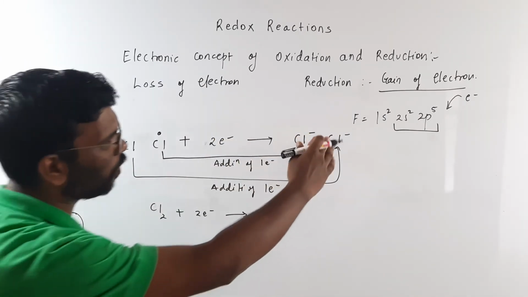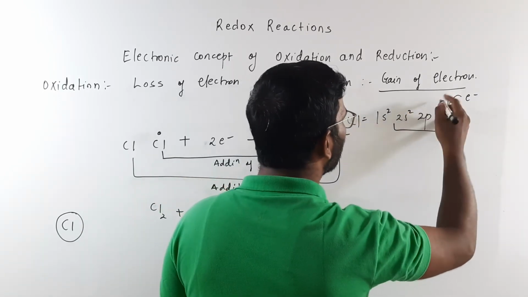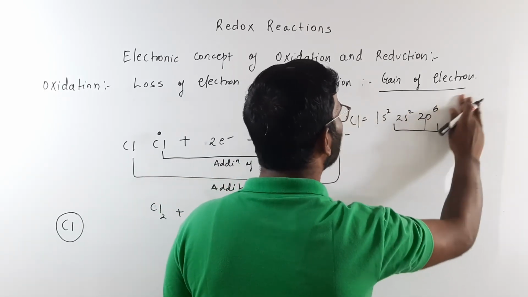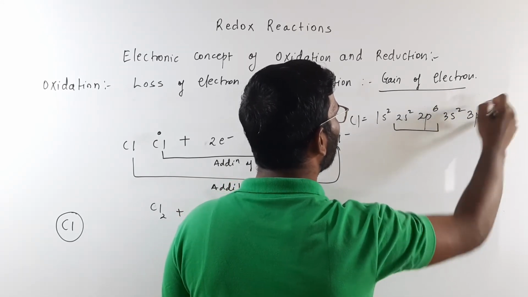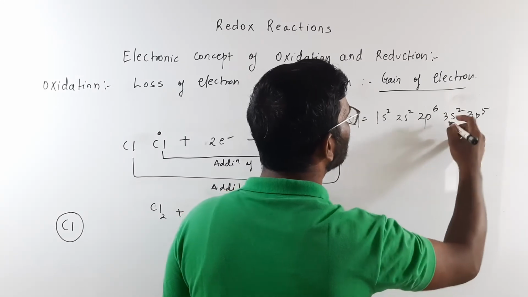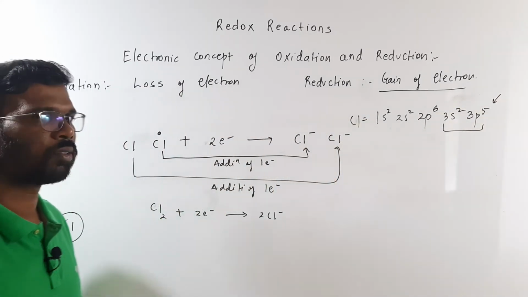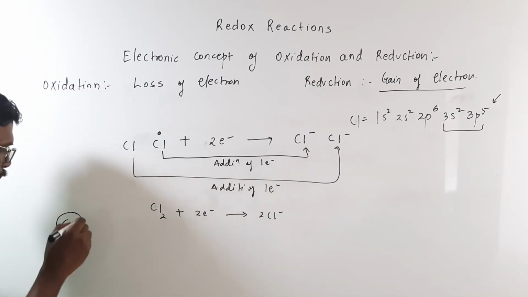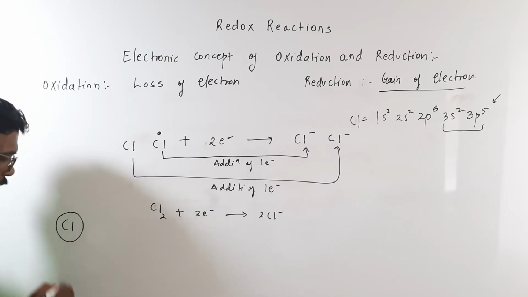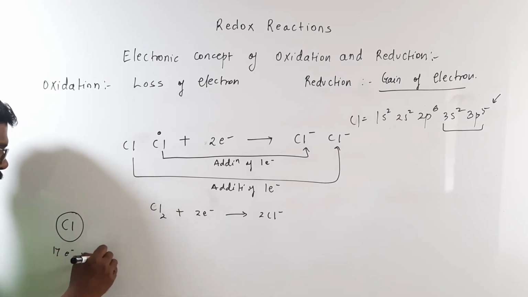You can write the electronic configuration for chlorine also. It is 1s2, 2s2, 2p6, 3s2, 3p5. And if this accepts 1 electron, it will attain the noble gas configuration of argon. So let's say this chlorine has 17 electrons and 17 protons.